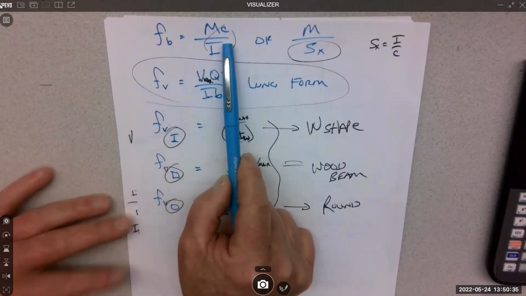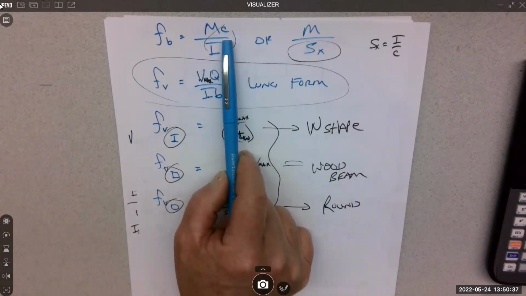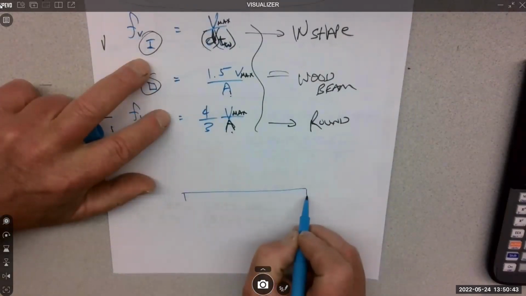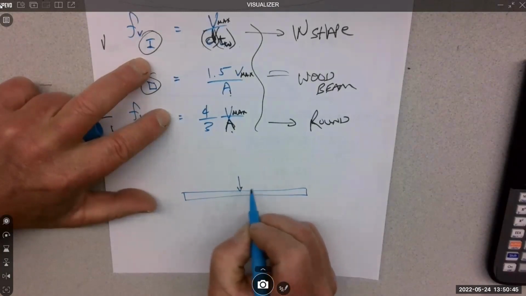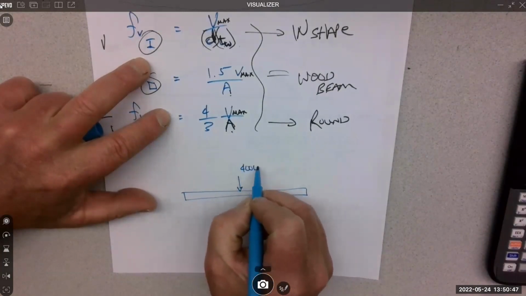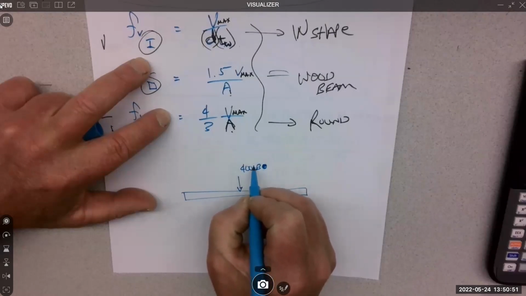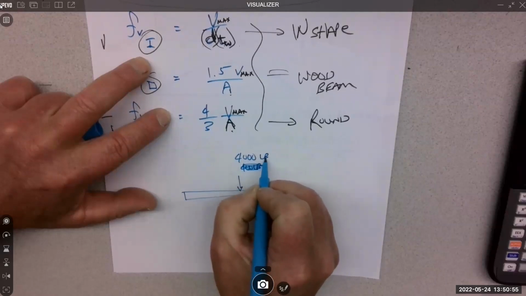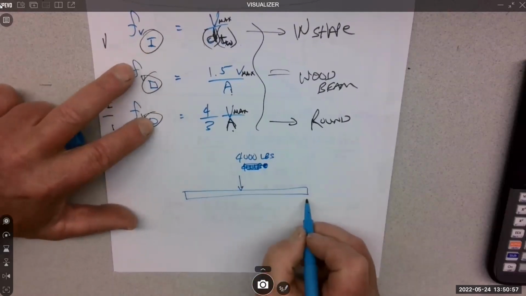So design means I don't have the beam, right? So I can draw a problem. And I'm going to put 4,000 pounds. I'm going to know my span.